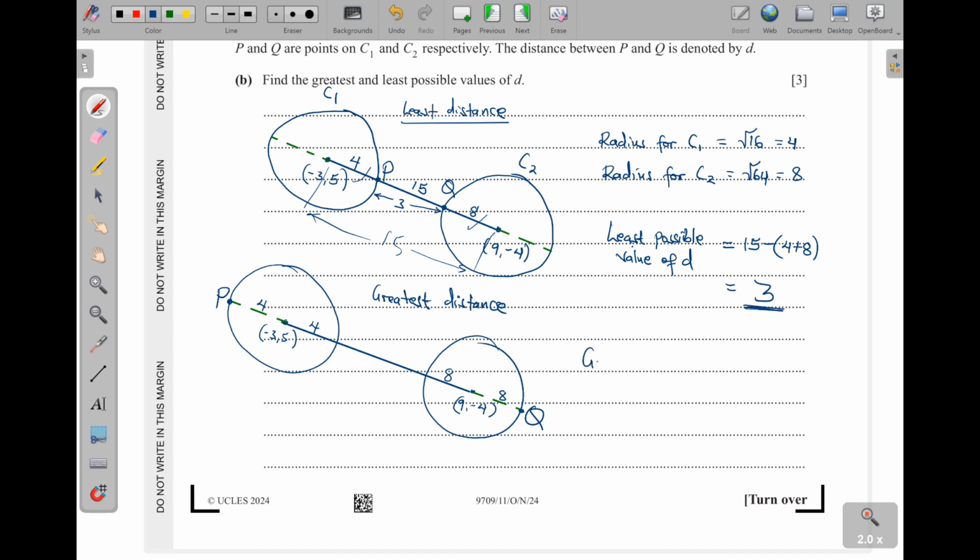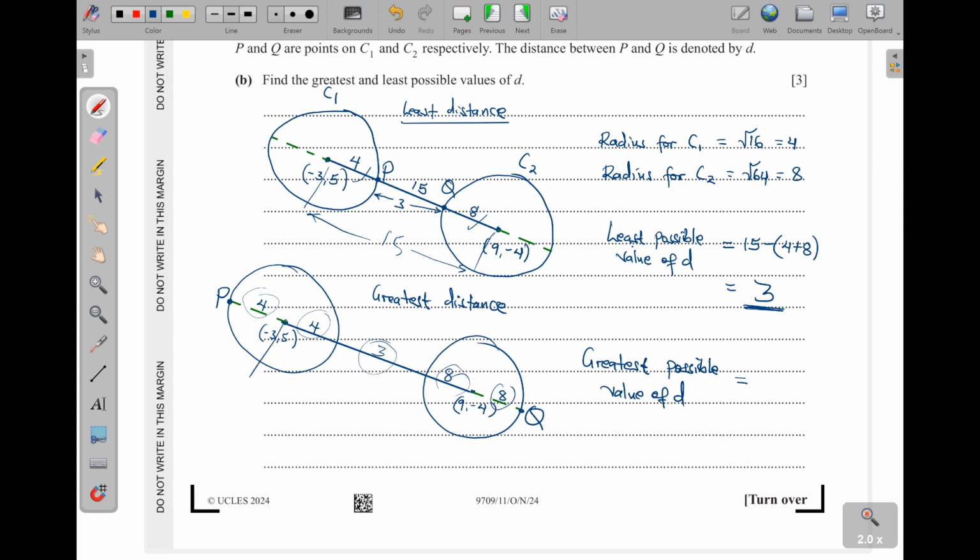And then the greatest possible value of D is going to be equal to, now I have this 4 plus the 4. Already here we have seen it is 3. So plus 3 plus 8 plus 8. You see that?